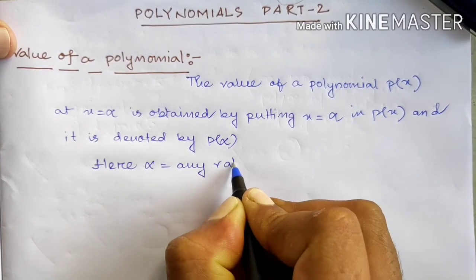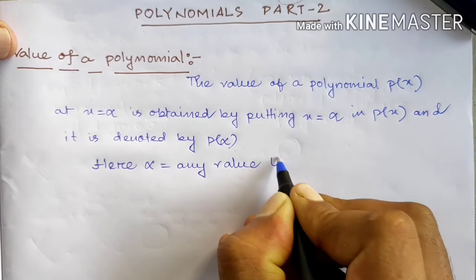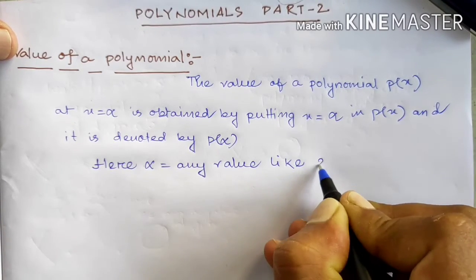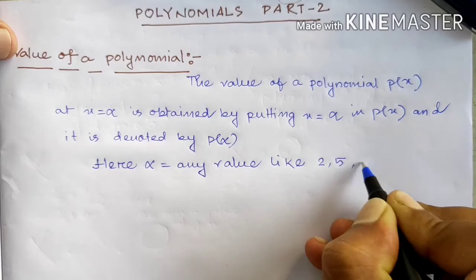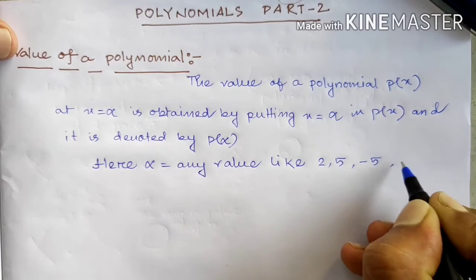Here alpha can be any value like 2, 3, 5, -5, 2 root 2, half, 0, etc.